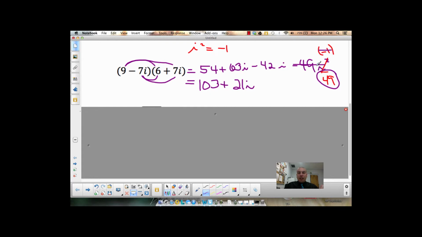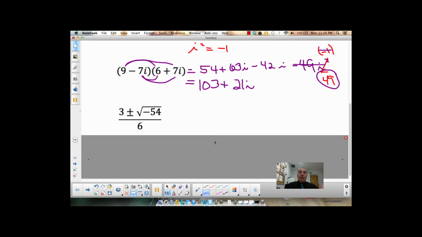Now, if I had left this i squared the way it was, I wouldn't have a complex number. Remember, all complex numbers have to be of the form a plus bi. If I left the i squared there, I wouldn't have a complex number.